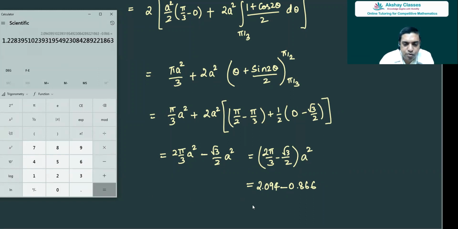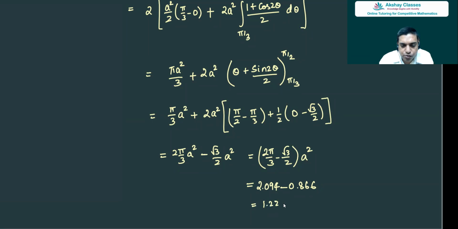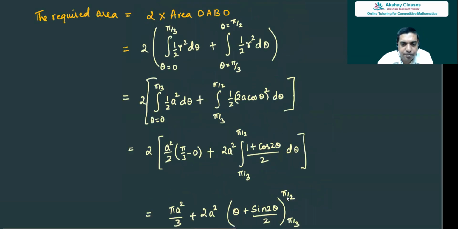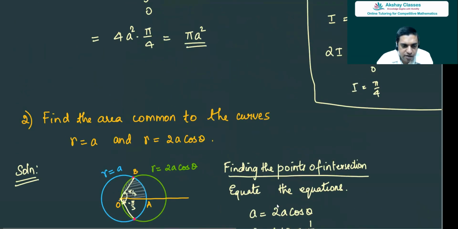So 1.228, correct. So 1.228 a square. This is the answer given in GATE. All right, area bounded by the two curves. So, okay, I'll stop here now.